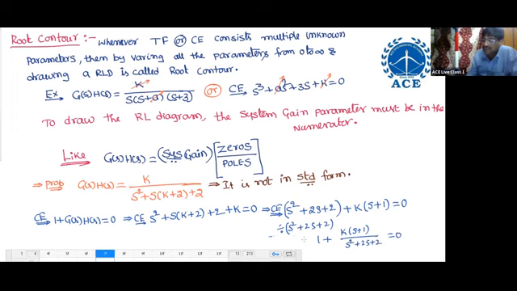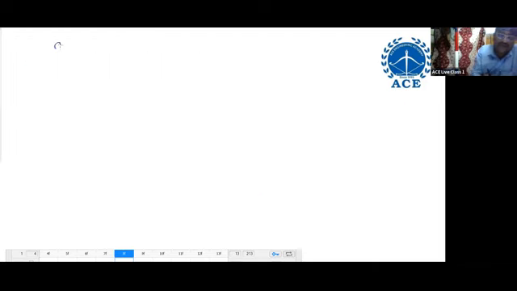Now compare with 1 plus GH equal to 0. What is GH? K into S plus 1 by S square plus 2S plus 2. That's all.